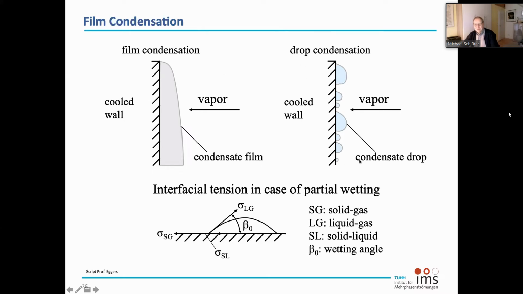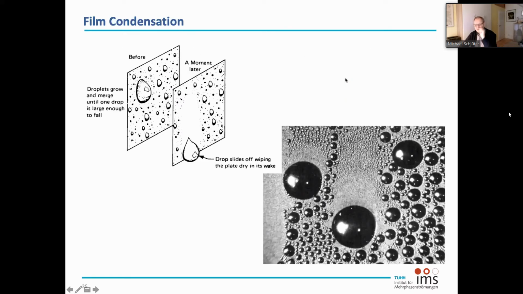And here, of course, the surface tension and the contact angle plays a role. We already talked about that interfacial tension in case of partial wetting. So if we have here oil or water mixtures or more or less wettable surfaces, then this has to be taken into account because this condensation process strongly depends on the situation, film condensation or drop condensation.